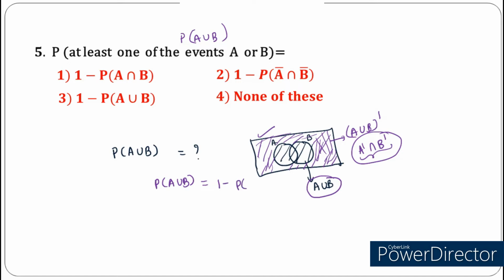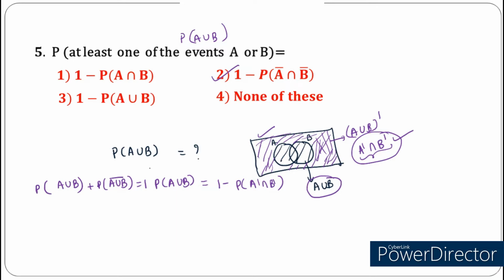Outside part means P of A dash intersection B dash. So which option? Option 2. 1 minus P of A dash intersection B dash. Or you can also do it like this. P of success, I'll take it as A union B, plus P of failure. Failure means P of A union B whole bar.